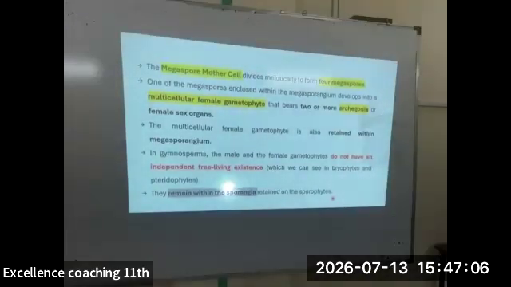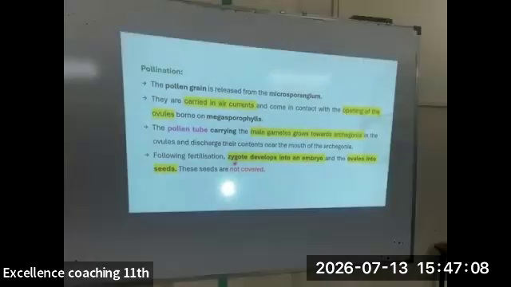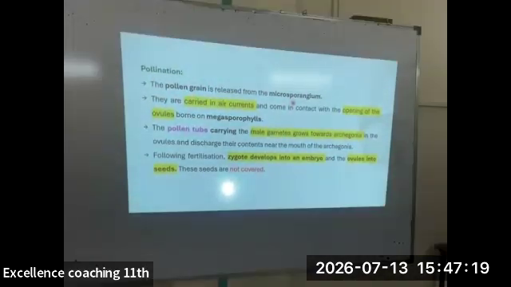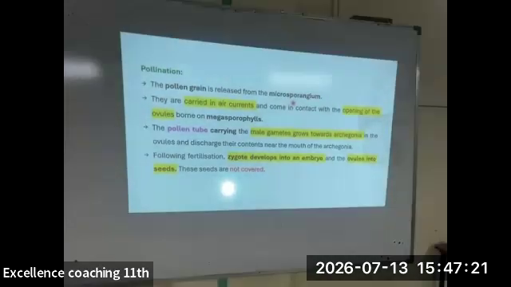Okay, fine. Then pollination. How will pollination take place here? The pollen grain is released from the microsporangium. Okay, where is the pollen grain produced? Micro means male. You don't know, right? Okay, microsporangium. Then what will happen?